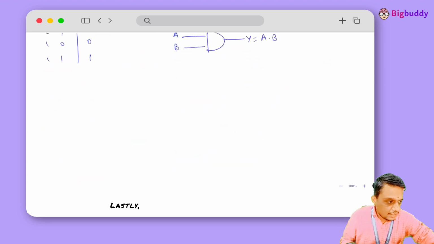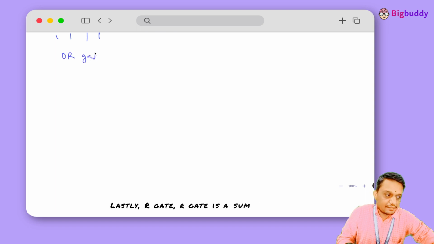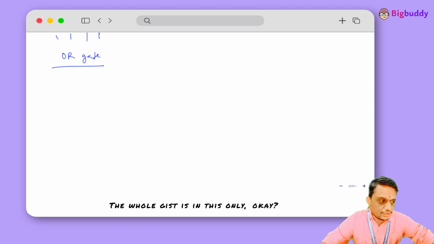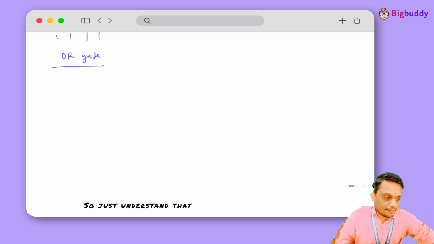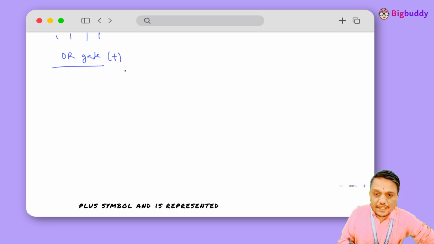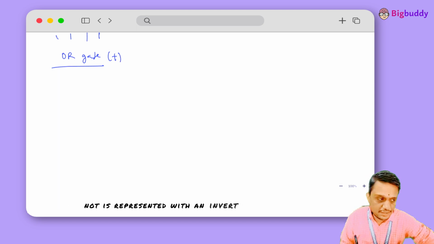Lastly, the OR gate. OR gate is a sum gate. The whole logic design just depends on these 3 gates: NOT gate, AND gate, and OR gate. The whole gist is in this only. OR is represented with a plus symbol, AND is represented with a dot symbol, and NOT is represented with an invert symbol.